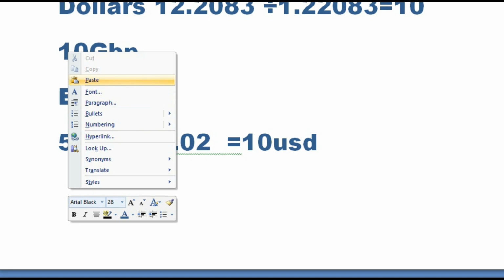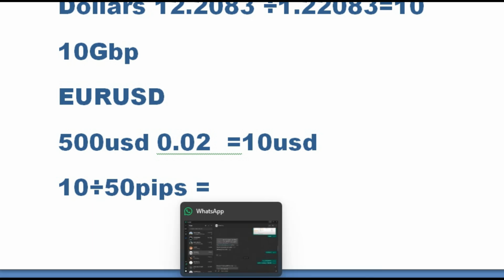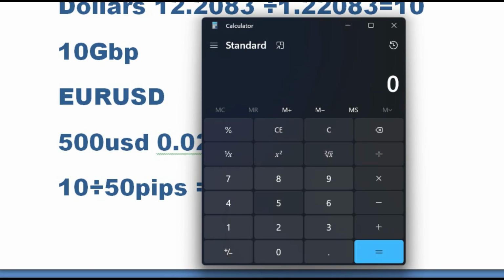You just divide it by the pips. In this example, we are using 50 pips. You divide it by 50 pips to get the pip value.